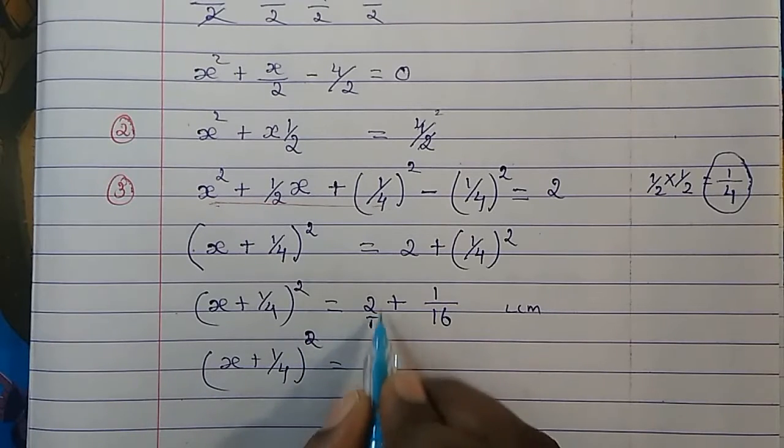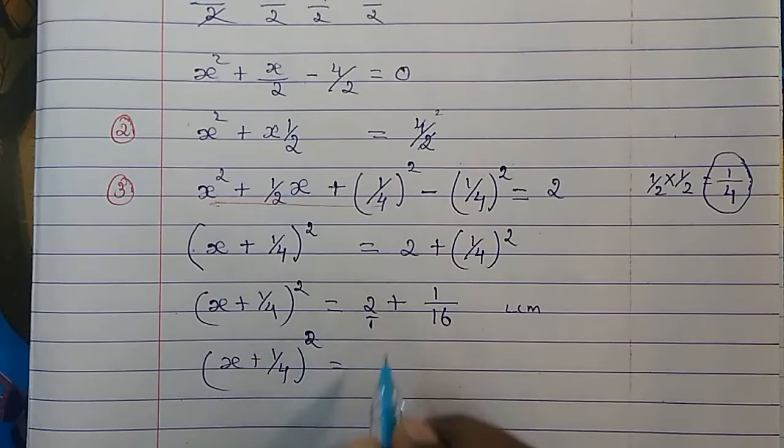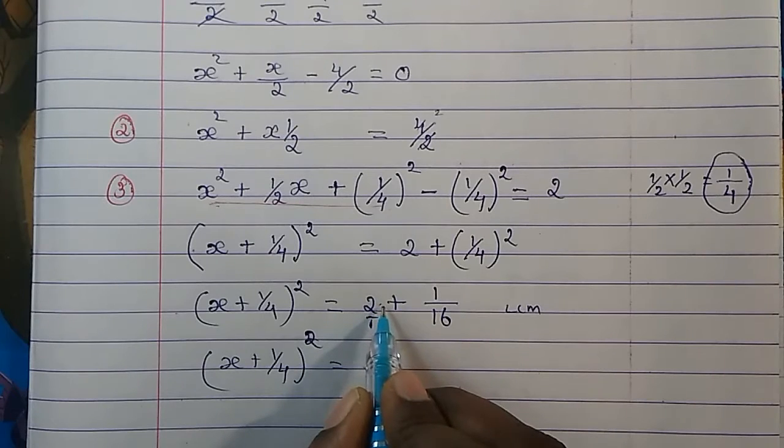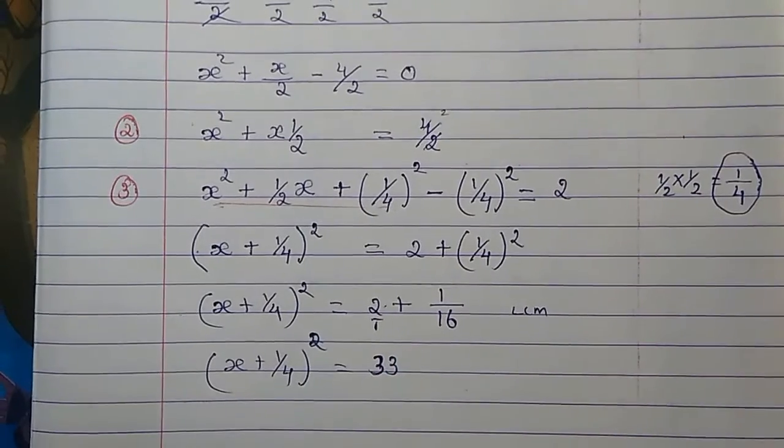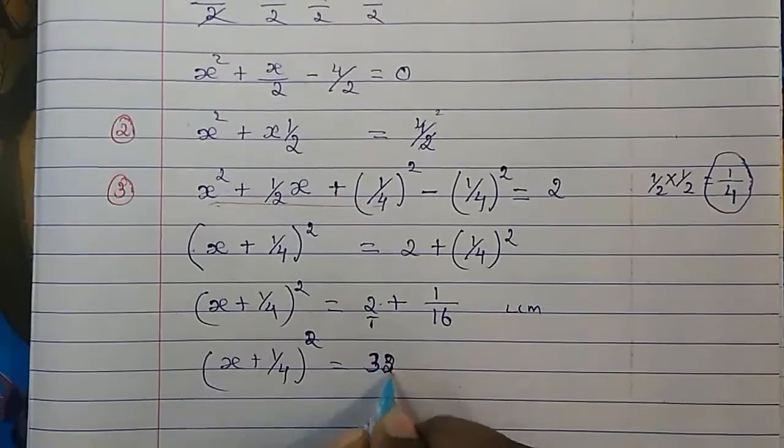When you multiply both sides with 16, here we will get 32, because 16 two times will give us 32.